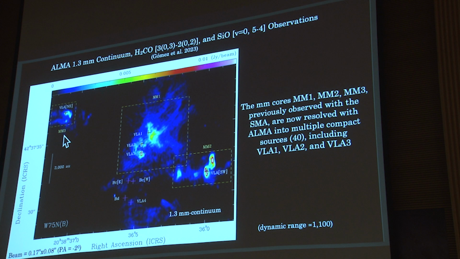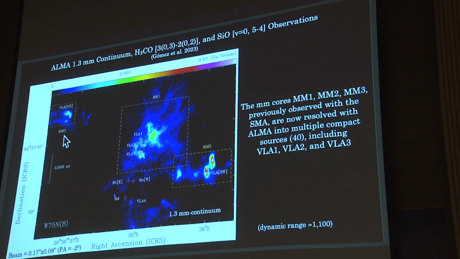And as you see, the ALMA observations resolve the individual millimeter cores observed with the SMA into multiple millimeter cores. This is not surprising, because we have better resolution and better sensitivity, even though the source is at 42 degrees of declination, but it's nice.